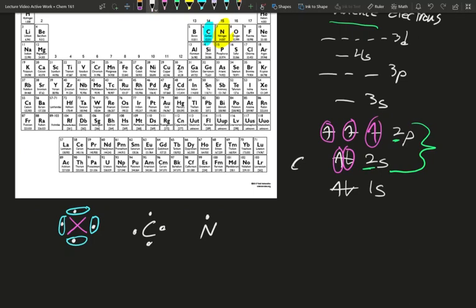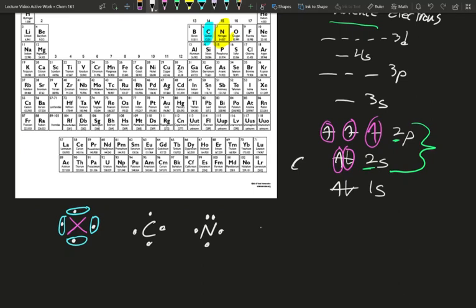For nitrogen, you'd put 1, 2, 3, 4. And your 5th, well, there's no open region, so now you have to pair. It doesn't matter which is paired. It could be the top, it could be the bottom, it could be the left, it could be the right. By convention, we often throw it on top. But it doesn't matter. They're all equivalent. So you can place that 5th electron in any of the 4 regions.